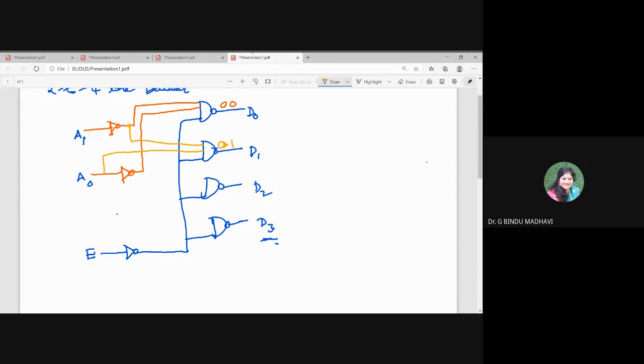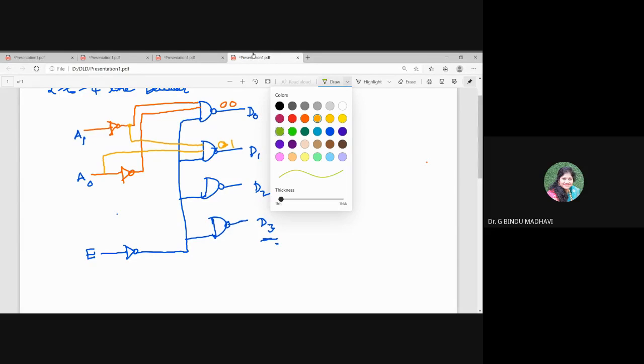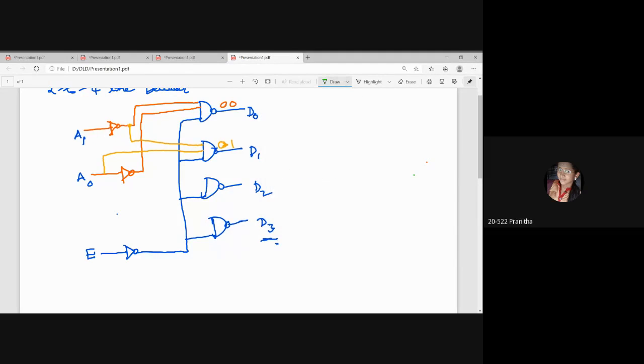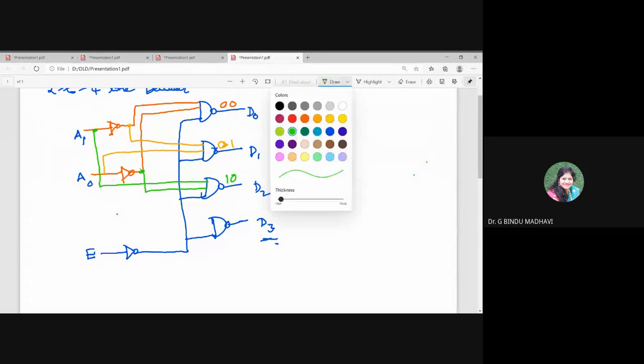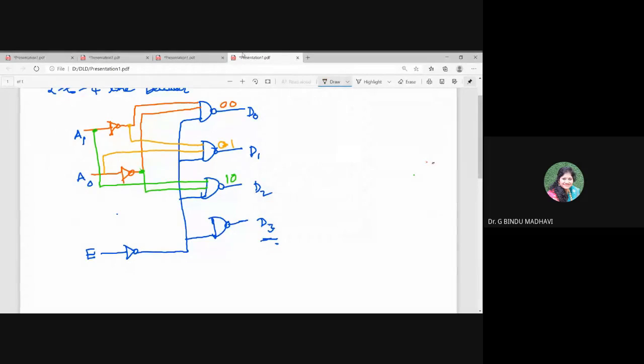Next, what is the next combination? 1 0. 1 is related to A1, so I am taking it from here, and 0 is related to A0. Next one? 1 1. So I'm continuing with A1, and A0 I'm taking from here.